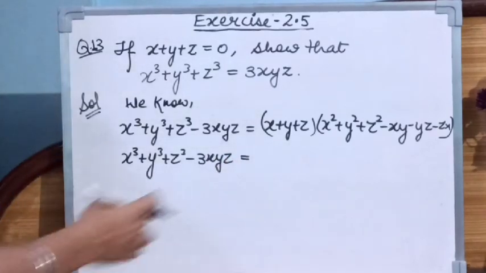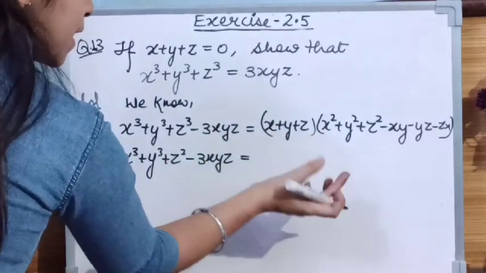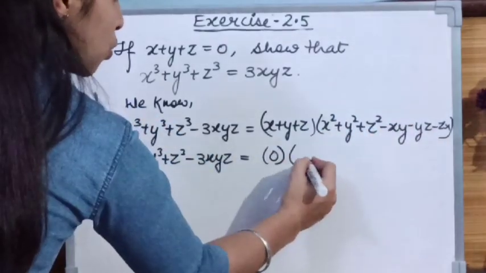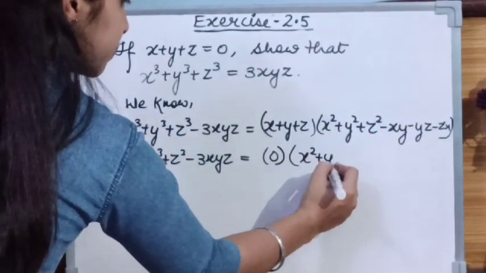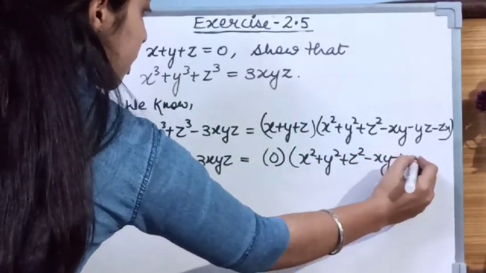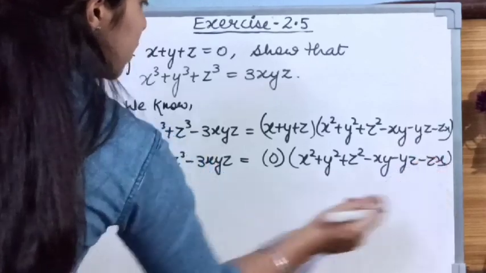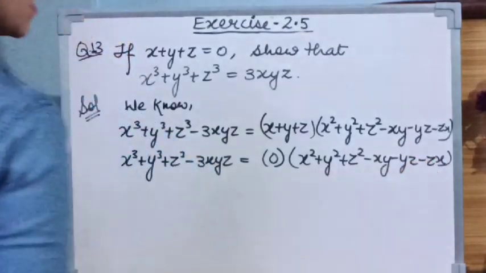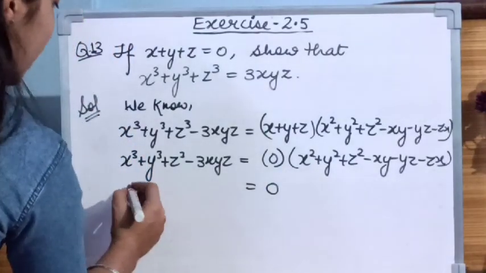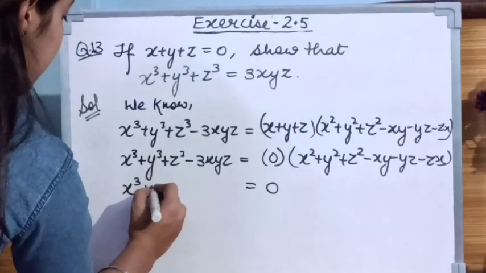Now this part x plus y plus z is given to us as 0, and the remaining term I am going to write as it is again. Now as you know, students, when 0 is multiplied with any term, it will give us 0. So we are left with just the left hand side part.